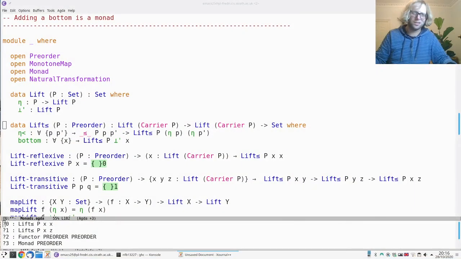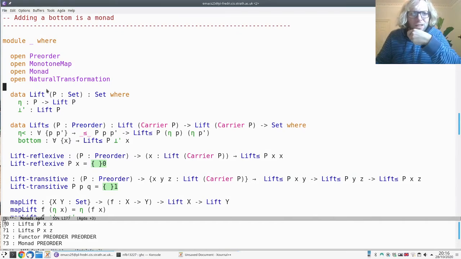Right, so let's see if I can do this in Agda. So here we are. I am defining the lifting as a data type, where I have a way to include the old things, and I have a new bottom thing, right? And then I have to define an order on this.